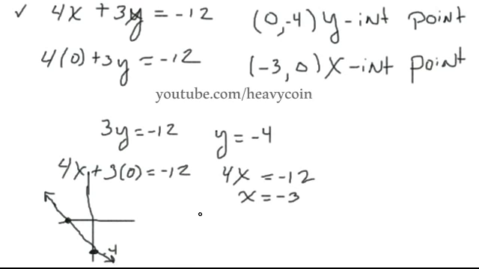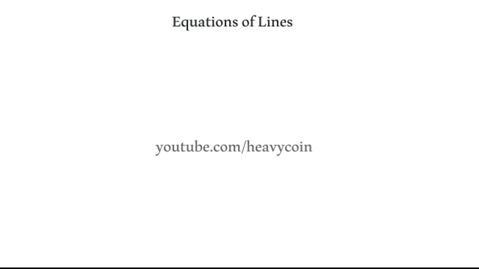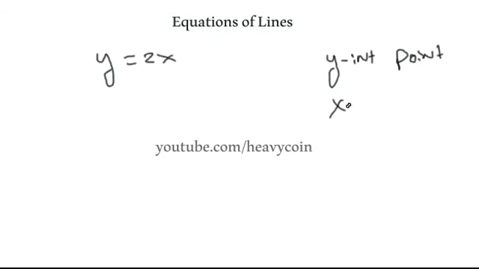Alright, so let's look at another one here. What if we had this? y is equal to 2x, and we want to find the y-intercept point, and then the x-intercept point.